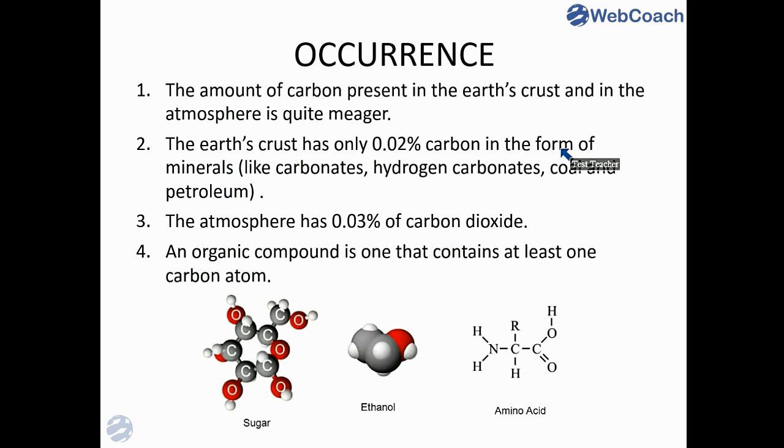But in spite of these small numbers regarding the occurrence of carbon, it is one of the most widely occurring elements in nature. It does so because carbon is able to combine with atoms of other elements. But as carbon itself, it exists only in a very meager amount.